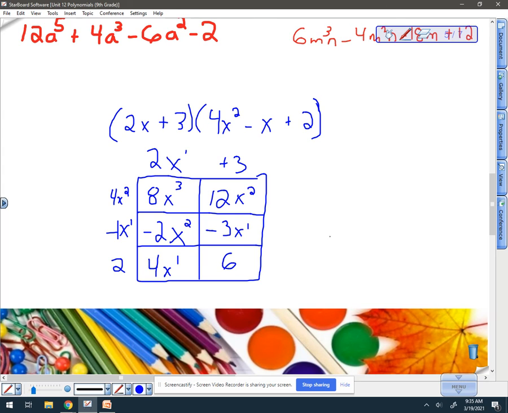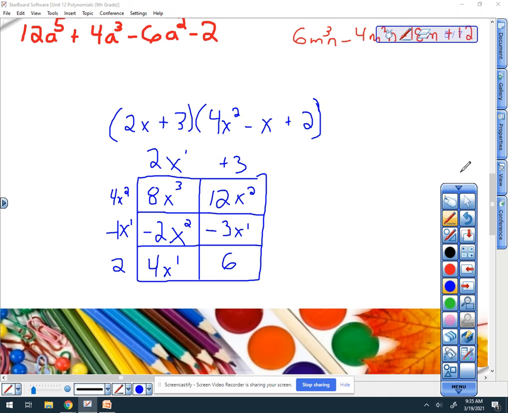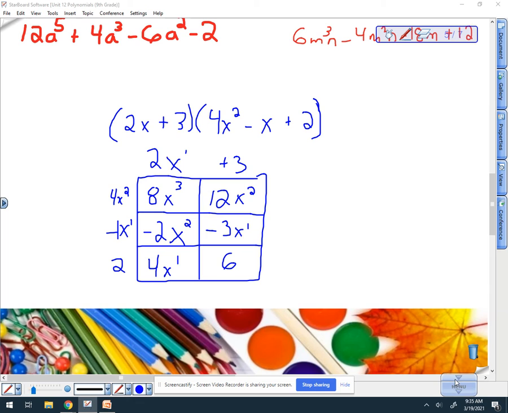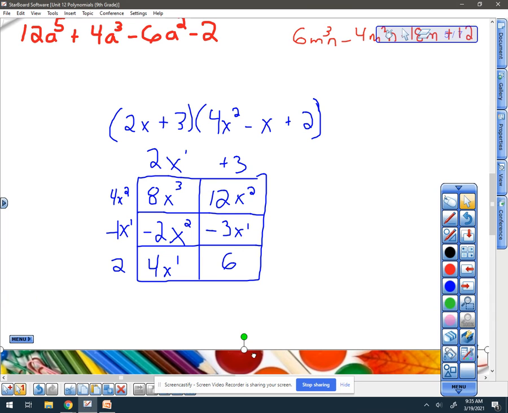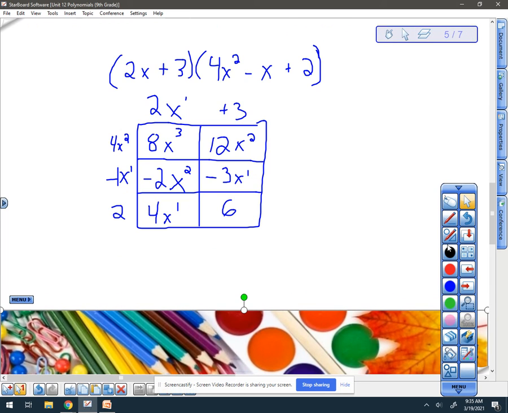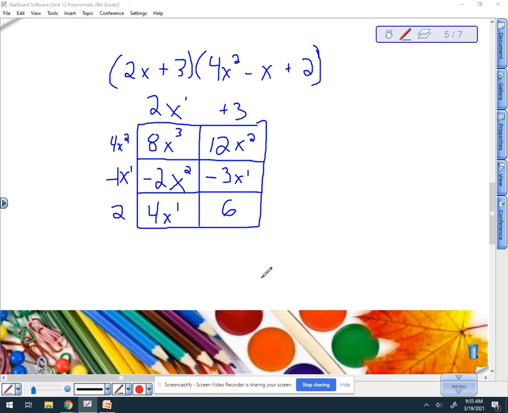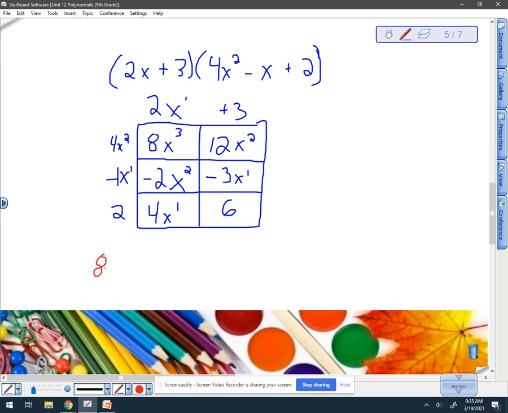Now this is one where you will have to combine like terms when you write it out. So if we come over here underneath, move this down some. All right, so write them out. We've got 3, 2, 2, 1, 1. So put them out here. Highest degree, 8x to the third. Then we have a degree of 2 and a degree of 2. So it doesn't matter how you write it.